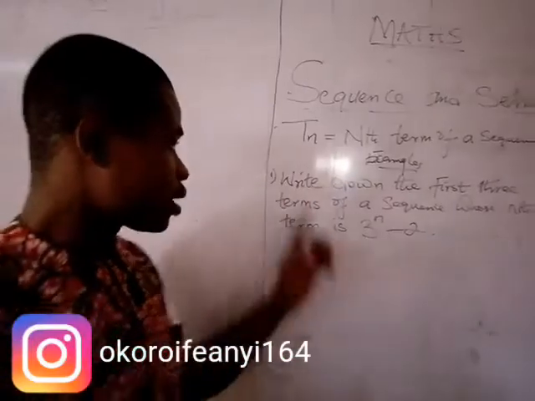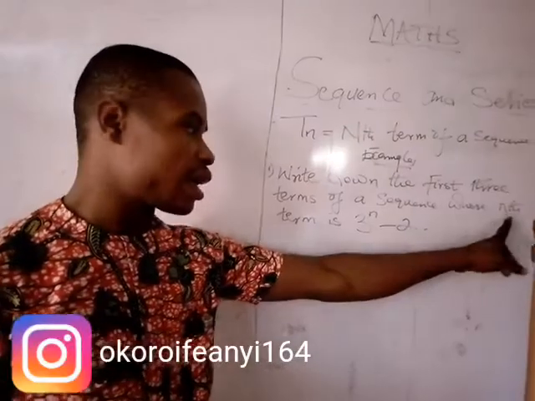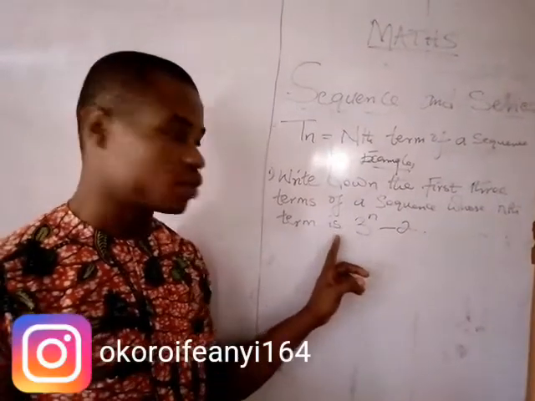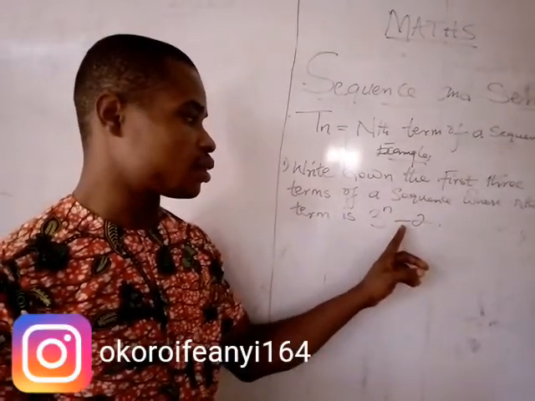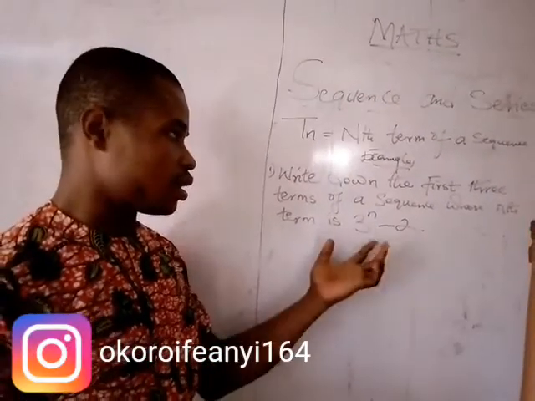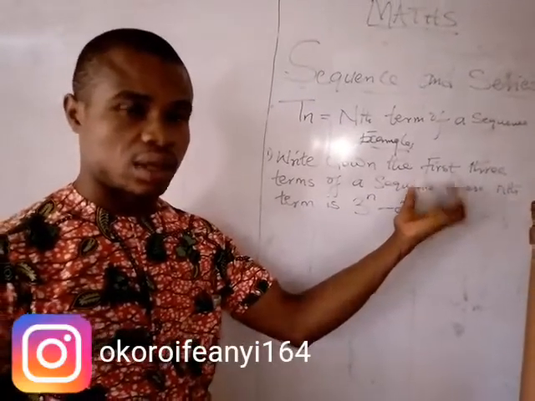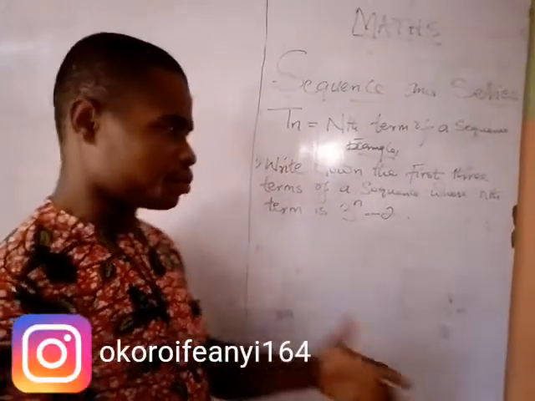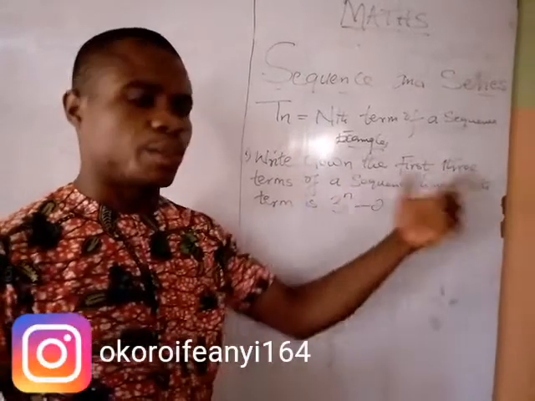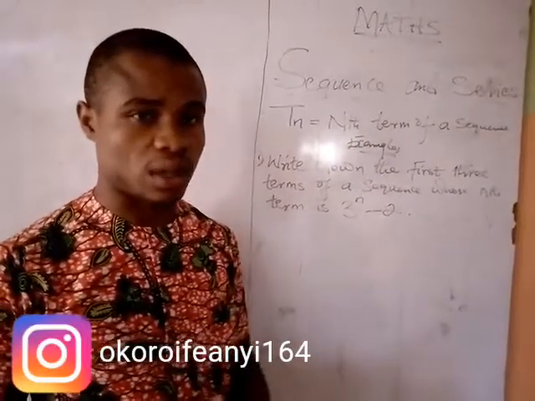The question here says, write down the first three terms of a sequence whose nth term is 3 raised to power n minus 2. So according to what we said, this serves as the formula connecting this particular sequence. Like I said initially, the pattern or rule guiding a particular sequence might not be the same rule guiding the second sequence.